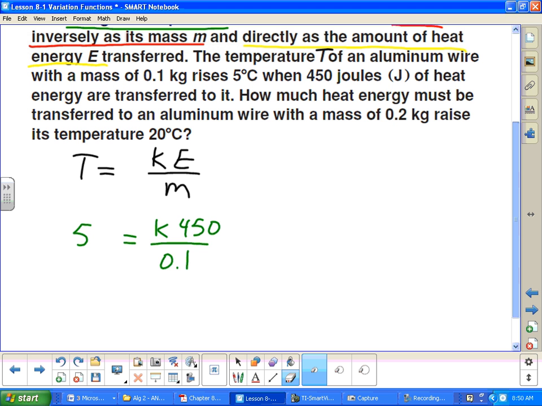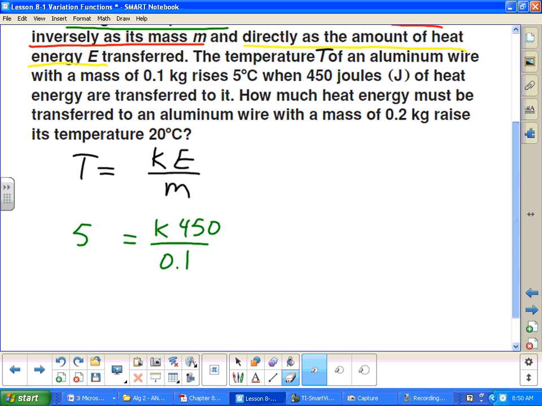So what do we do to find K then? We have two options, don't we? We could simplify the right side of the equal sign first, take 450 divided by 0.1, or we could just multiply both sides by 0.1 and then divide by 450.